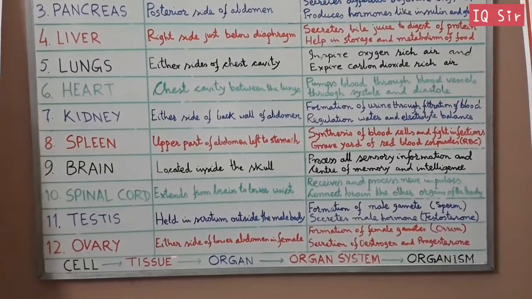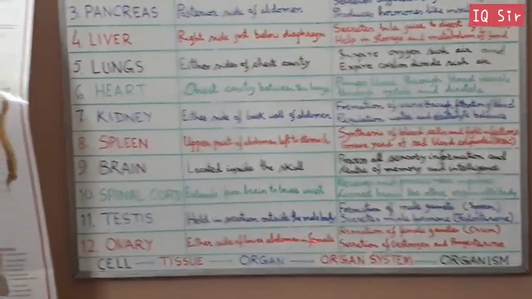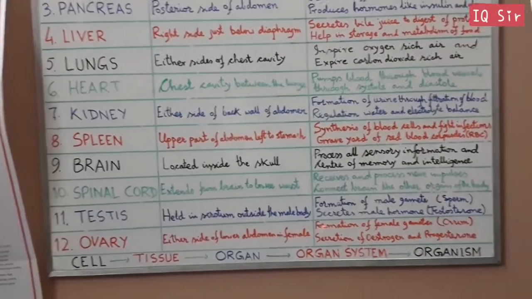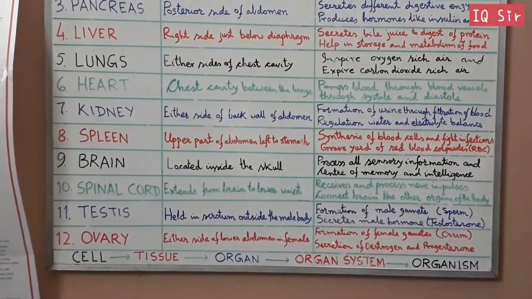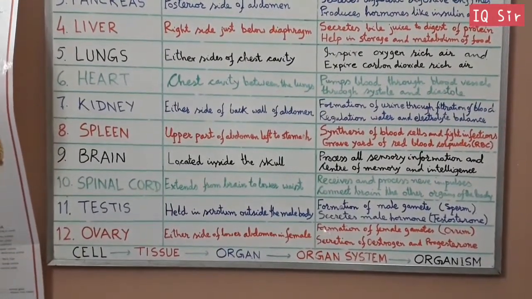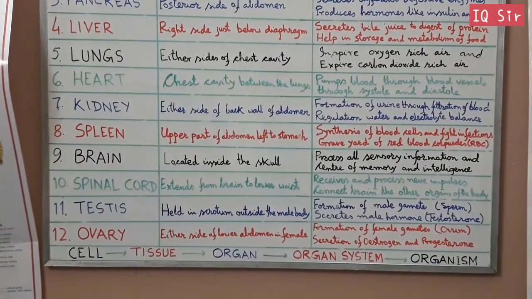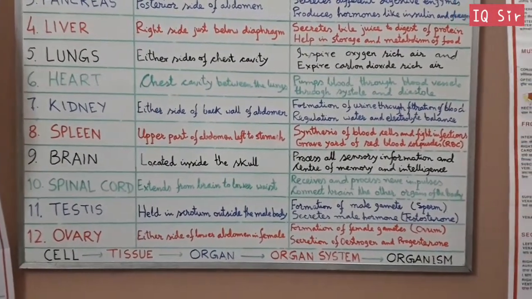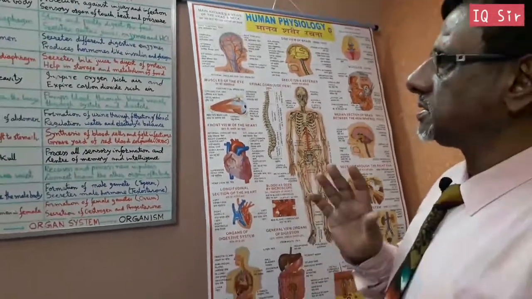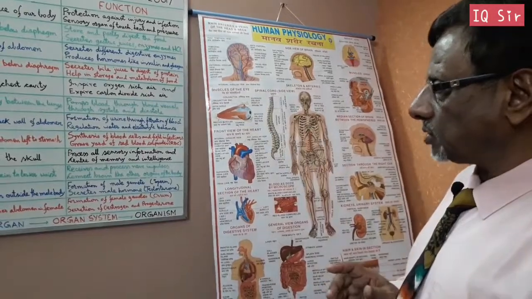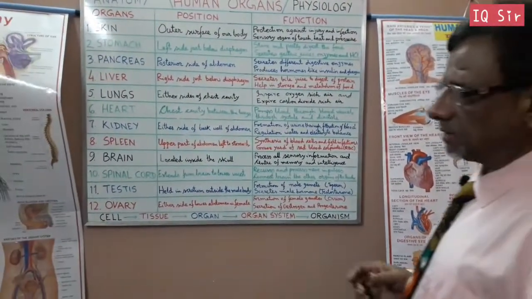It is located on either side of the lower abdomen in female, and its function is formation of the female gamete, that is ovum, and secretion of estrogen and progesterone, the female hormones, as well as relaxin also. Okay. So these are the 12 major organs in our syllabus, their position and their function. Now I will show you in the chart.